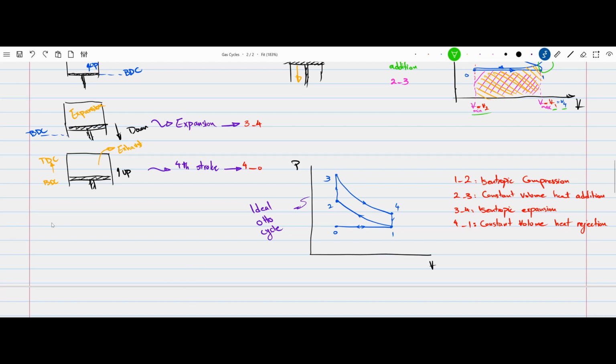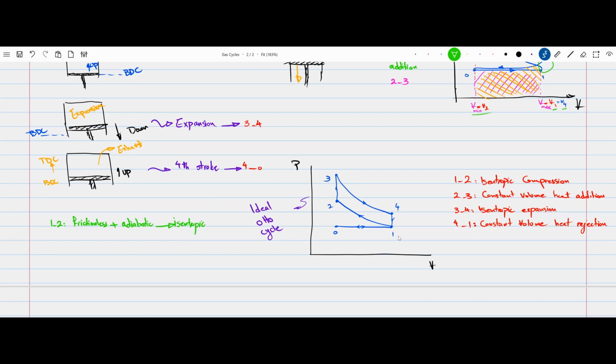Now look at the process 1 to 2. If 1 to 2 is frictionless and also is not experiencing any unwanted heat transfer, in other words, is adiabatic, then it is isentropic. Right? That's what it is. This is an isentropic process.